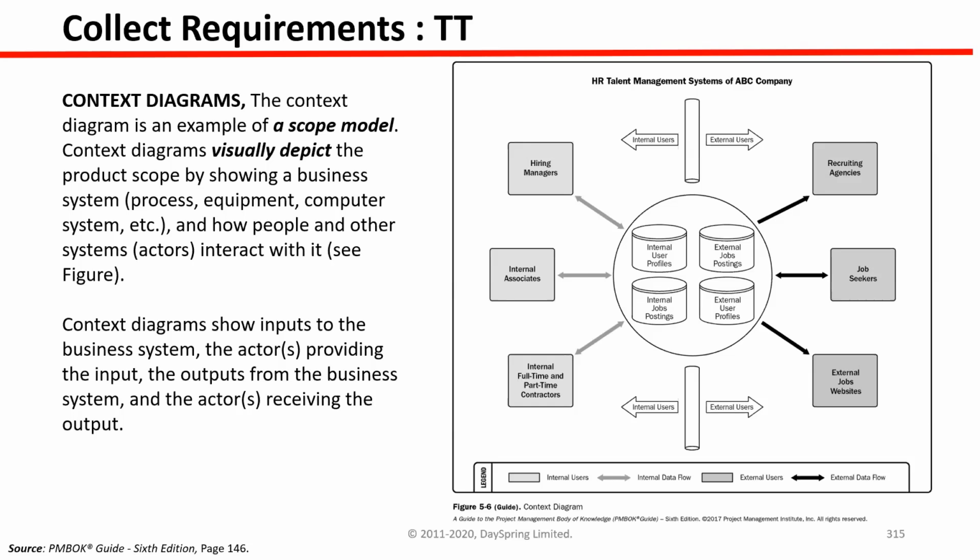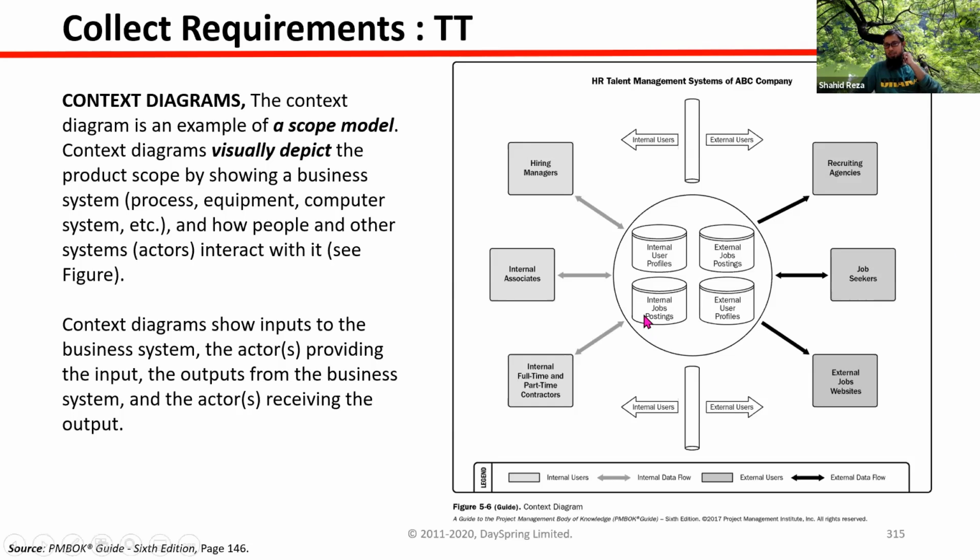All right. So here you see we are trying to develop an HR talent management system for a company, like a website, like BD Jobs. Most big organizations have their own job portal, right?